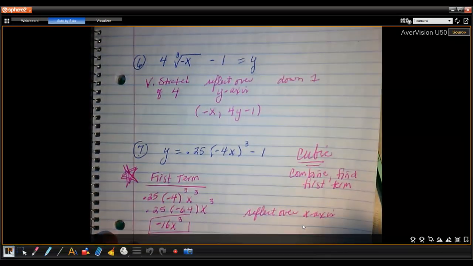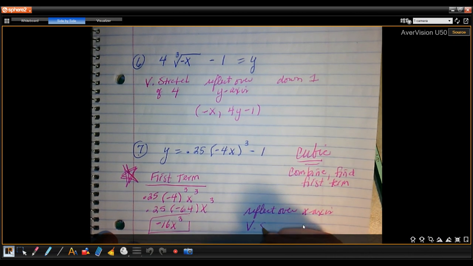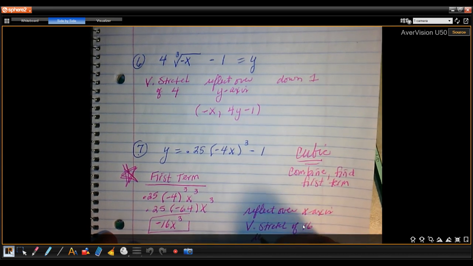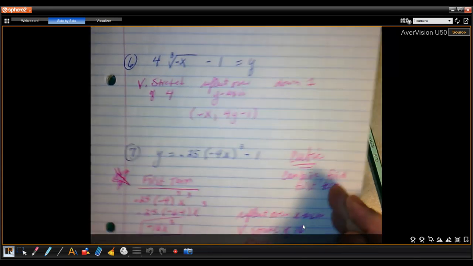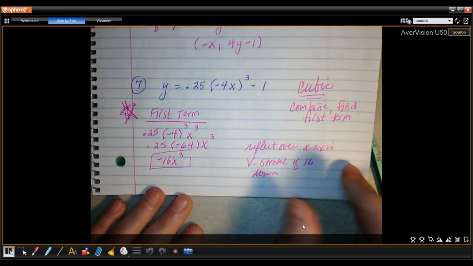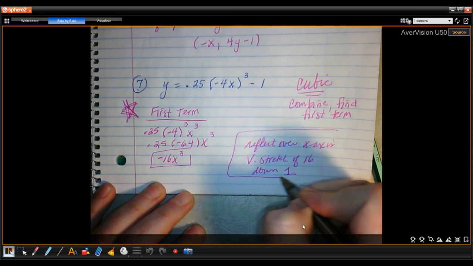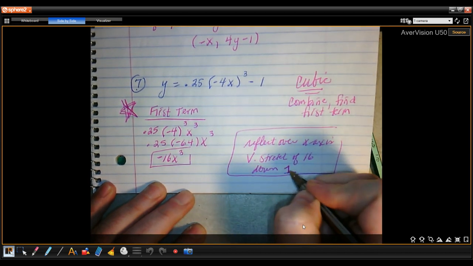And then it's going to be vertical stretch of 16, and then down 1.